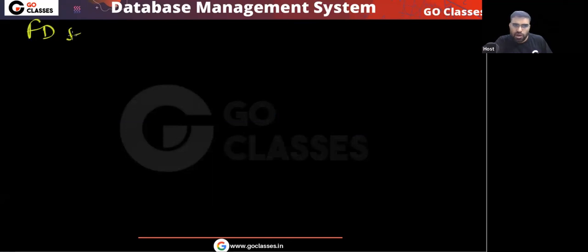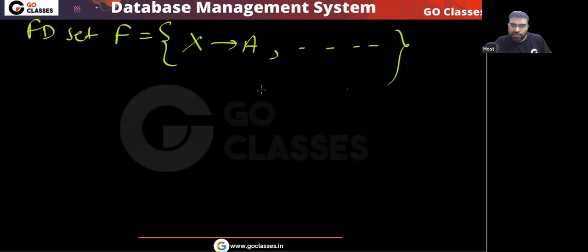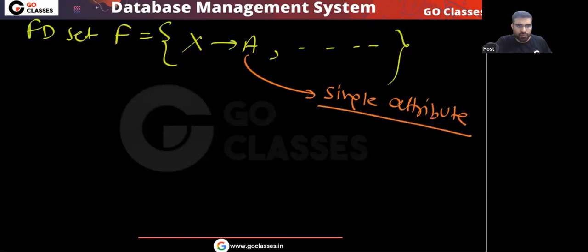This FD set you have, X determining A, and there are more FDs. Remember, on RHS you have a single attribute. Now you want to check, is this FD redundant or not? When can I say this FD is redundant?